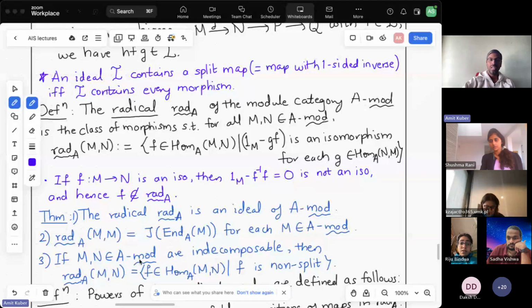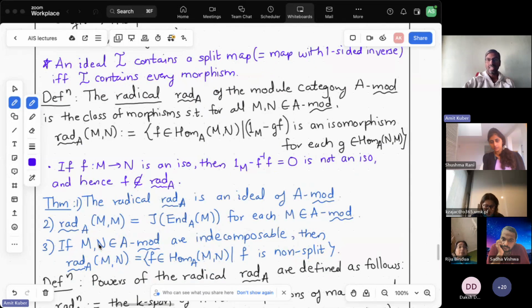So therefore, you can easily see this to be the radical of the endomorphism algebra, because 1 minus GF is an isomorphism for every G. So in particular, 1 minus F is an isomorphism. So F is not an isomorphism, I mean, not an automorphism of N.